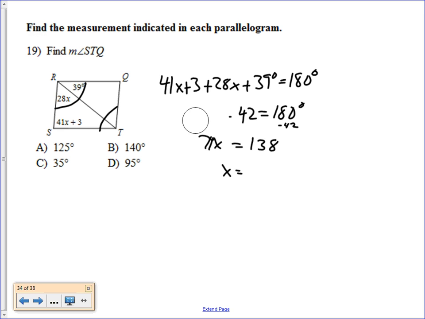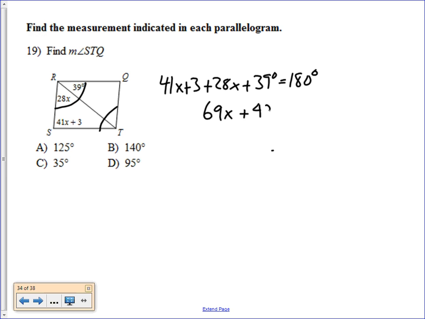I'm sorry. Let me start over. 41 plus 28 is 69x plus 42 equals 180. So 69x equals 138. So x equals 2.